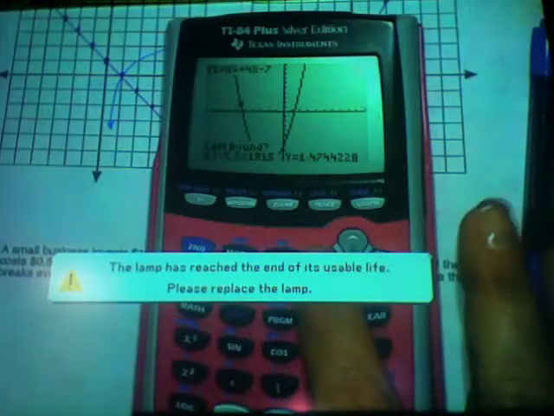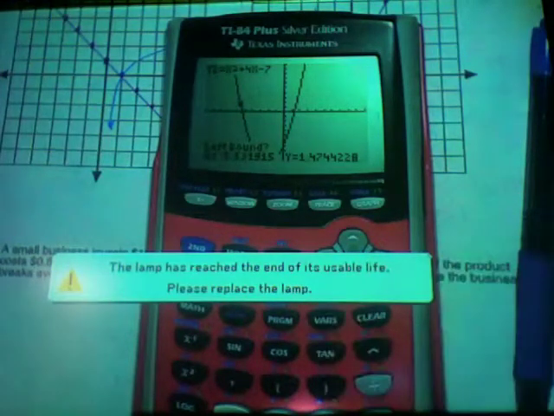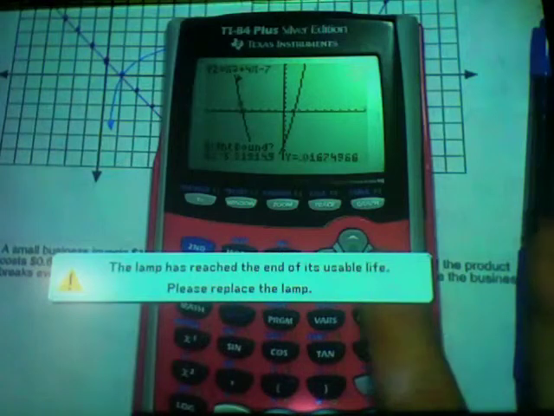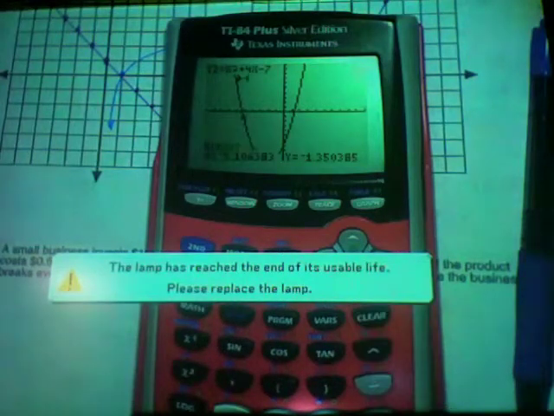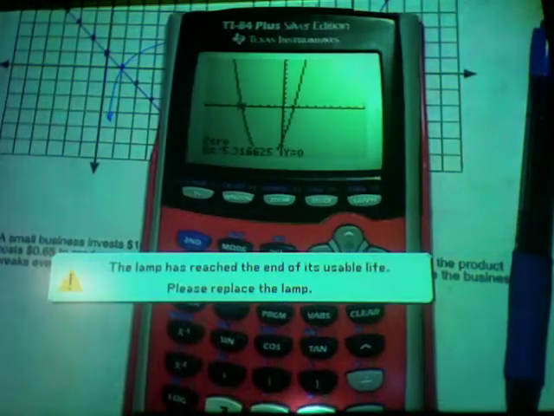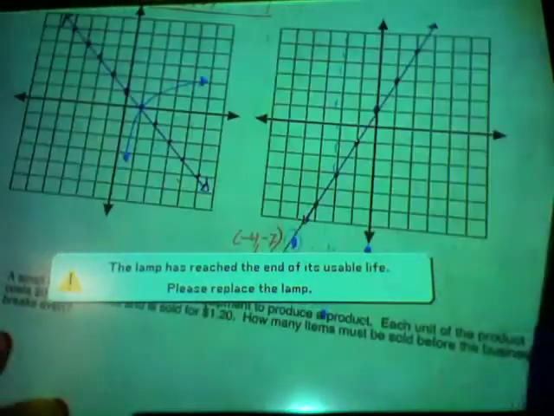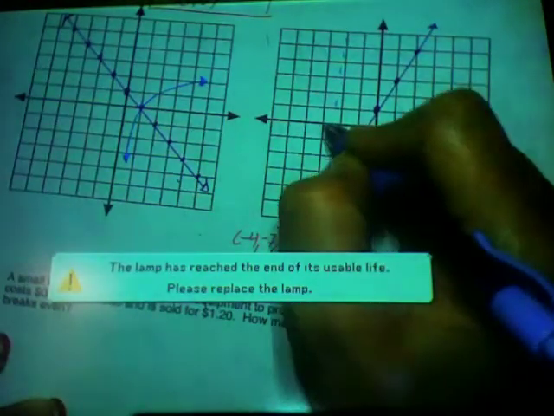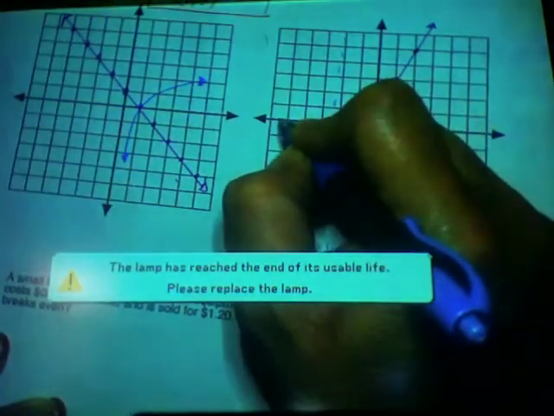So I'm going to find my left zero first. I'm going to go above the x-axis, hit enter. Then I'm going to go below the x-axis, hit enter, and guess. And I get -5.30. Here's 2, 3, 4, 5.3. It'd be about there, right?